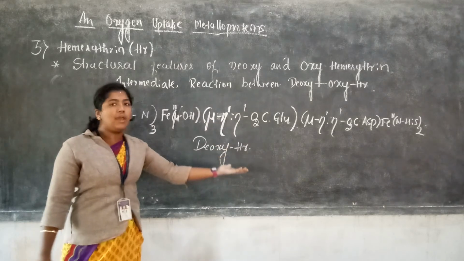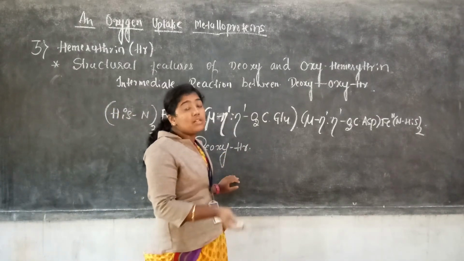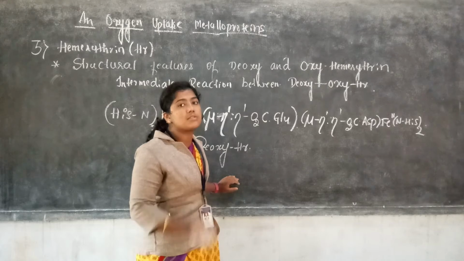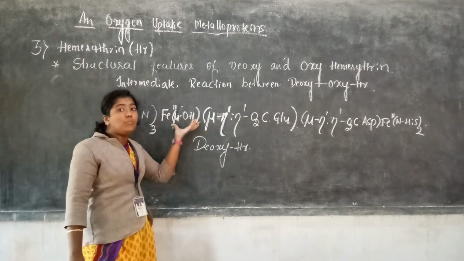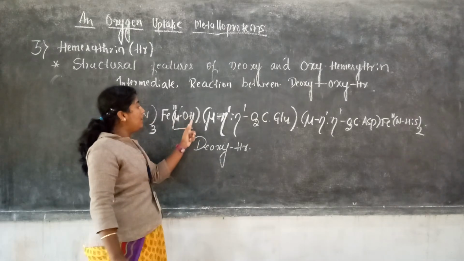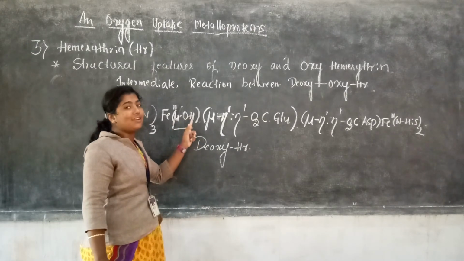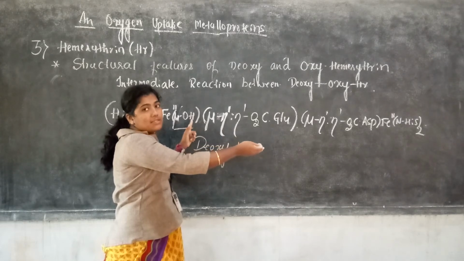Now we write the structural representation of oxyhemerythrin. The only difference is that in place of mu-OH, one hydrogen is transferred to the second iron center.